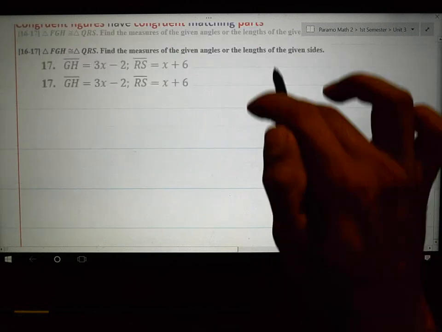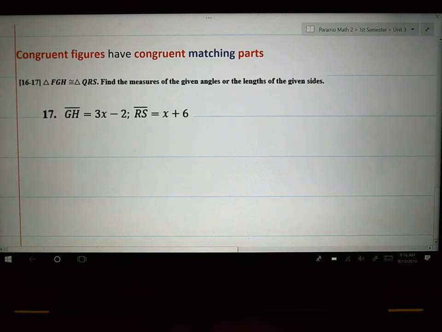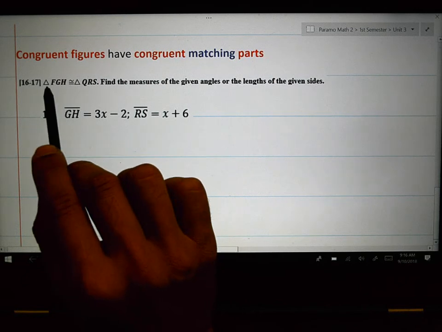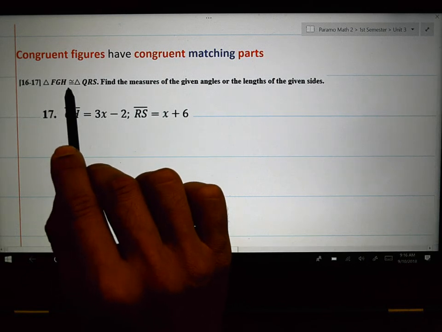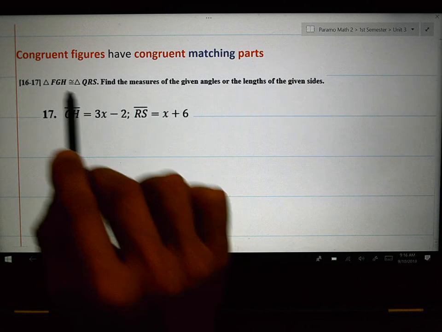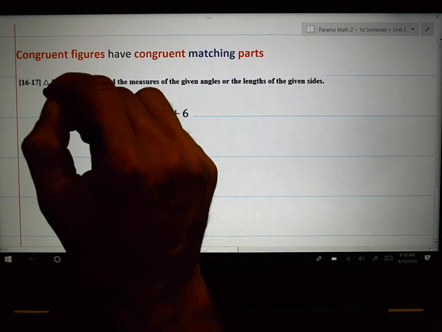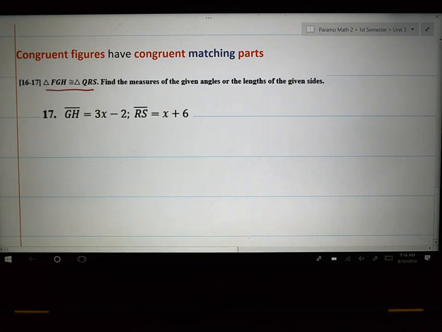Which brings me to my last example. My last example is number 17. Number 17 on your worksheet says this: triangle FGH is congruent to triangle QRS. So it starts off with something called a congruence statement. There's your congruence statement.